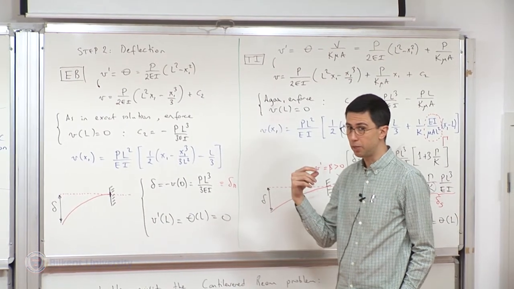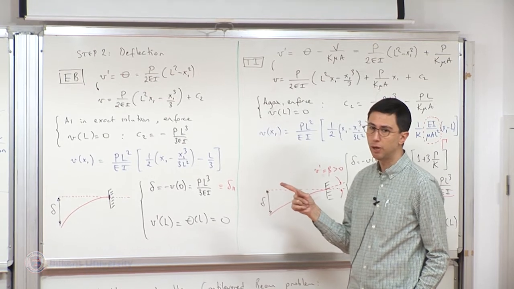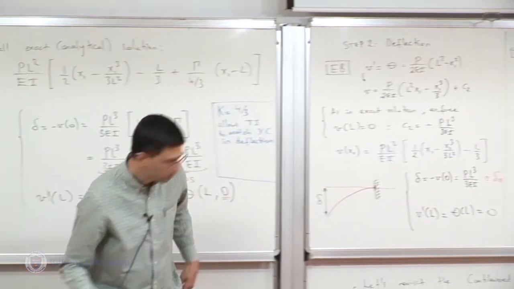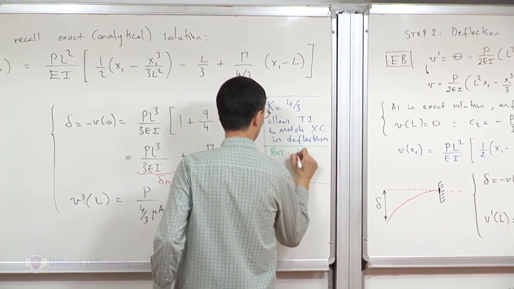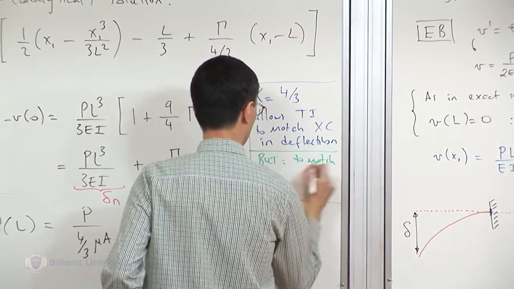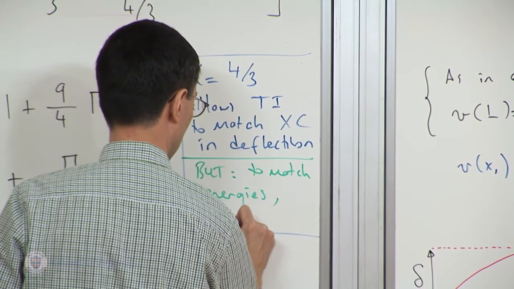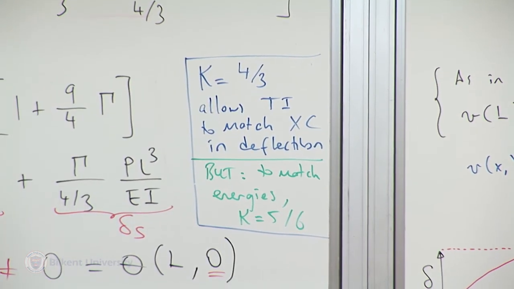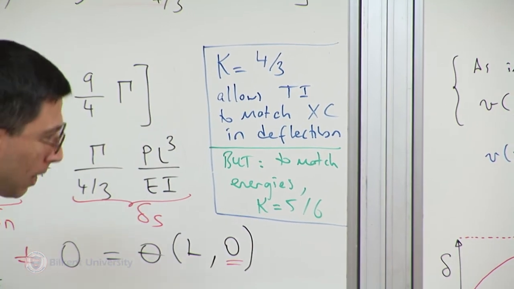That's an alternative picture. Now, it turns out that picture does not deliver the same value of k. In other words, if you want to match the energies, you will find in the homework problem that you have to choose k equals 5 over 6.